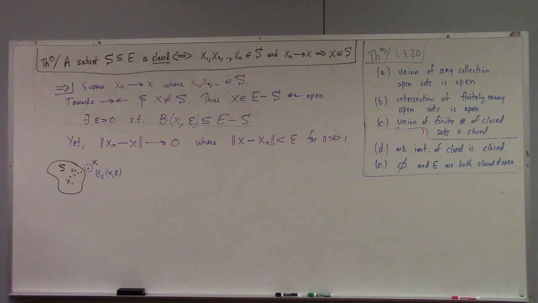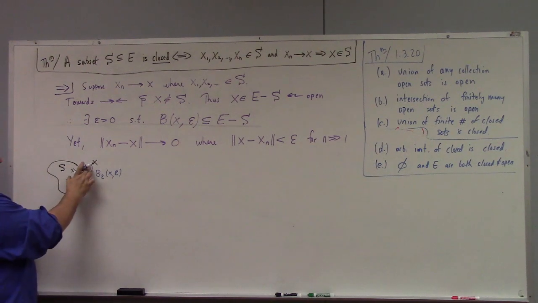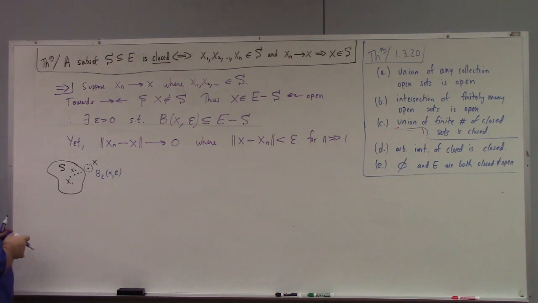And yet we're saying that the distance between x and xn is going to 0, so that's a contradiction. It's an intuitive contradiction. I don't quite see it on paper, though, honestly.